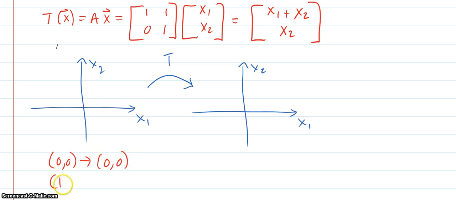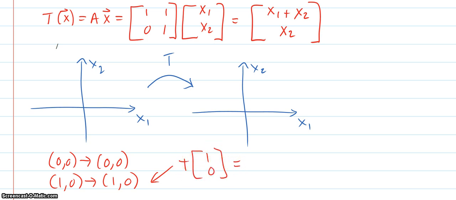Versus if I picked 1, 0, that means x1 is 1 and x2 is 0, so I'd get the point 1, 0 again. Really, what I'm doing here is taking T of 1, 0, which is 1 plus 0, 0, which is 1, 0.